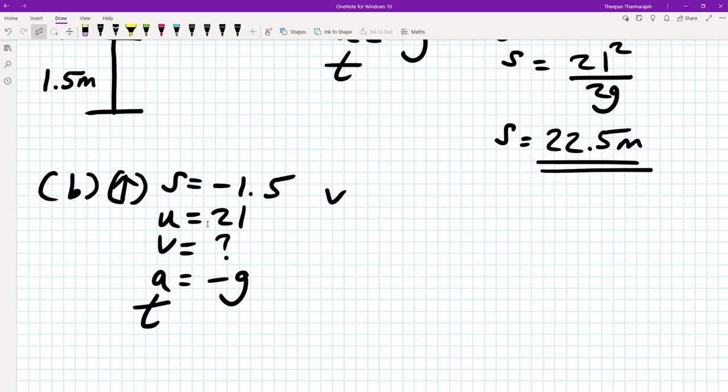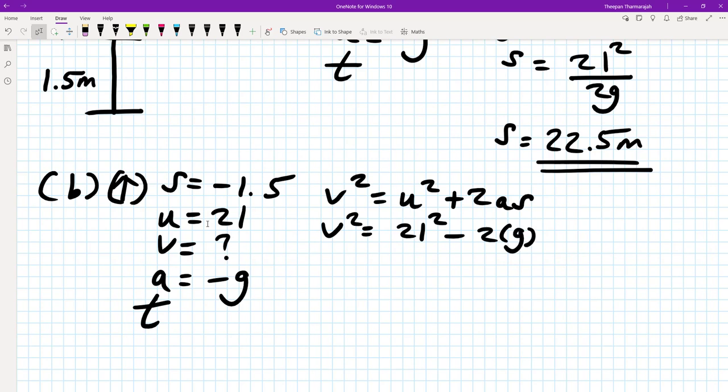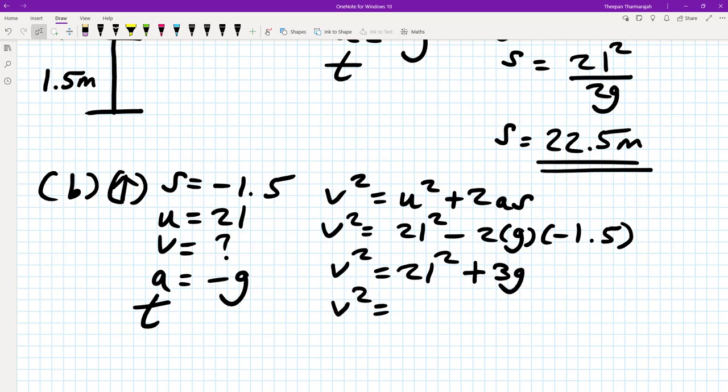So now we can use V squared is equal to U squared plus 2AS. So we can say V squared is 21 squared minus 2 times G times minus 1.5. That gives me V squared is 21 squared plus 3G. We can work that out on our calculator.